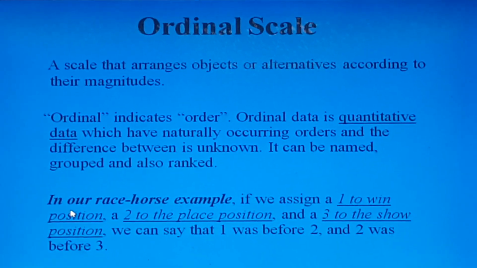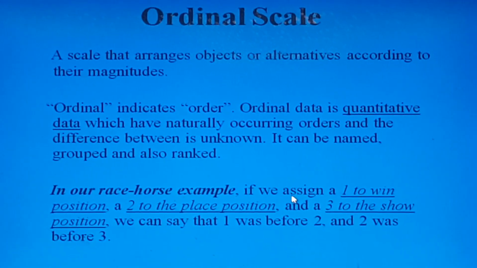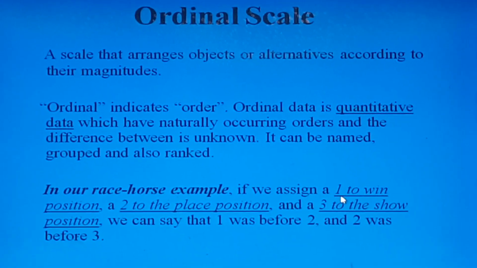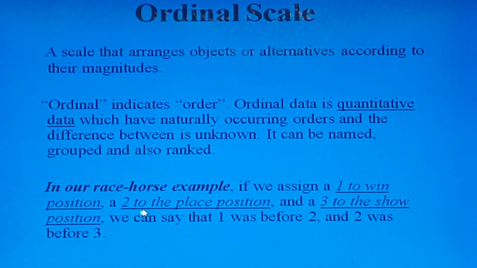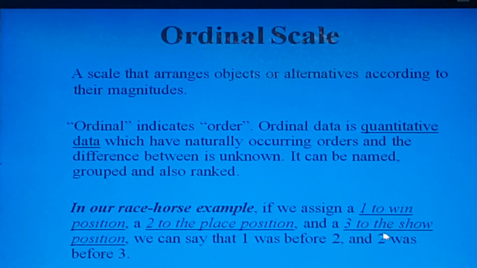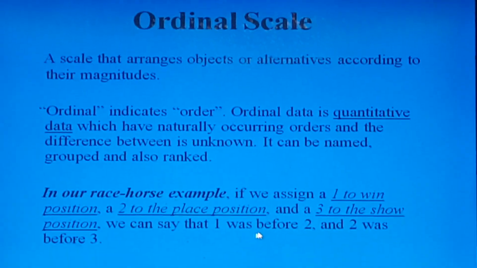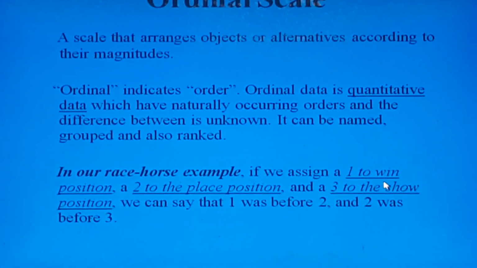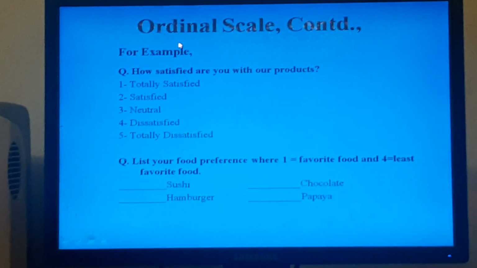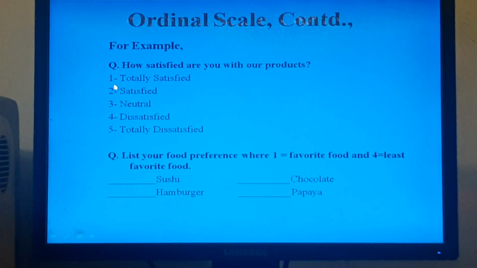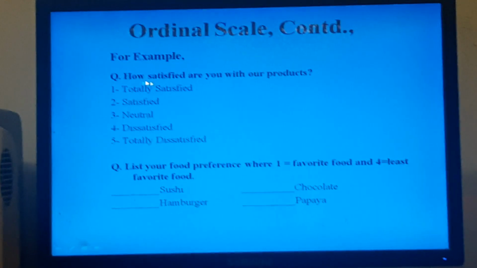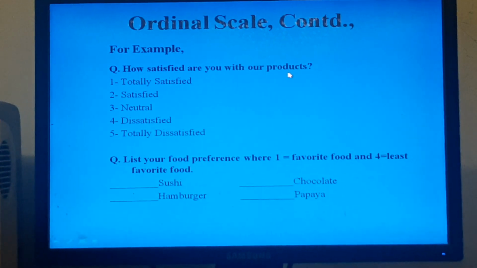For example, in a horse race, if we assign 1 to the win position, 2 to the place position and 3 to the show position, then we can say that 1 was before 2 and 2 was before 3. More examples of ordinal scale: how satisfied are you with your products?